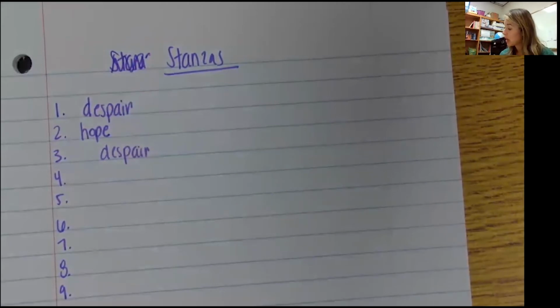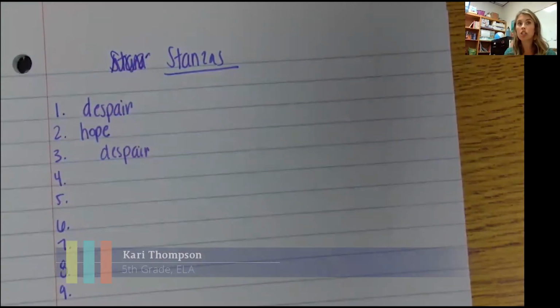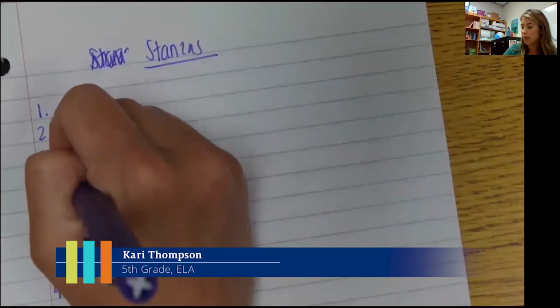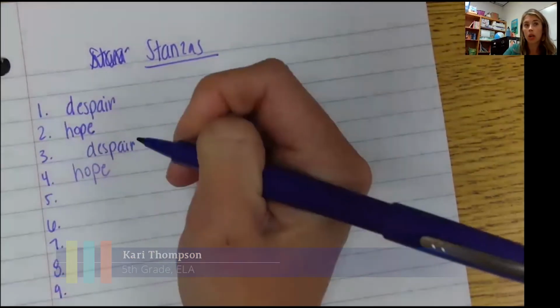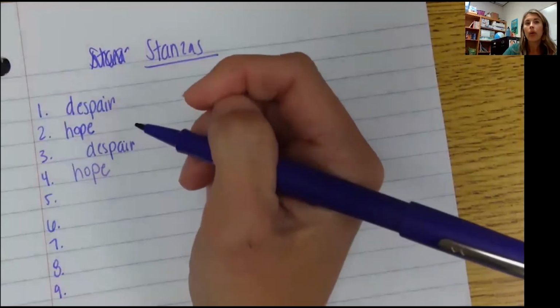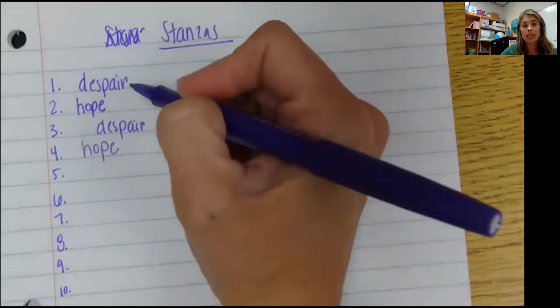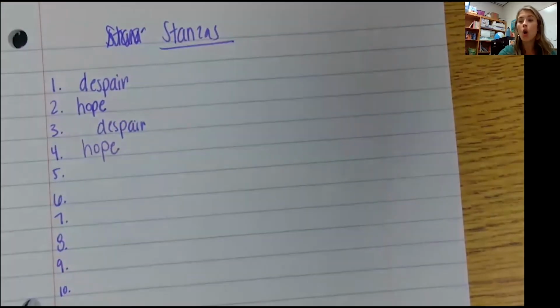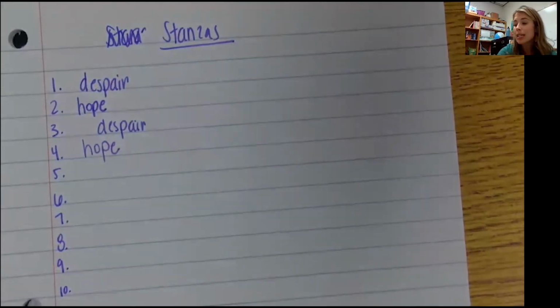Flynn hit a ball. Blake is on the base. They're very excited. They're very shocked. So I would think hope again in stanza 4. Now, good charting. Let's keep reading. Look at this. Despair, hope, despair, hope. Isn't that interesting how the author continues to go back and forth?